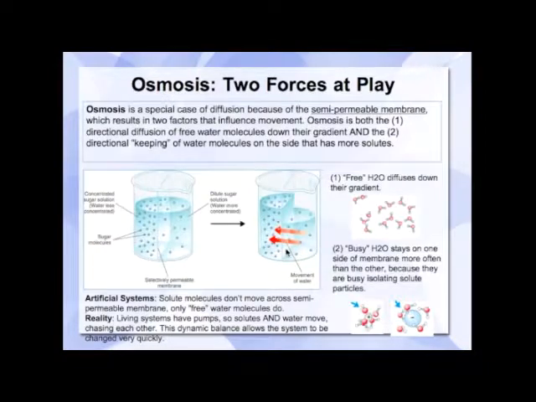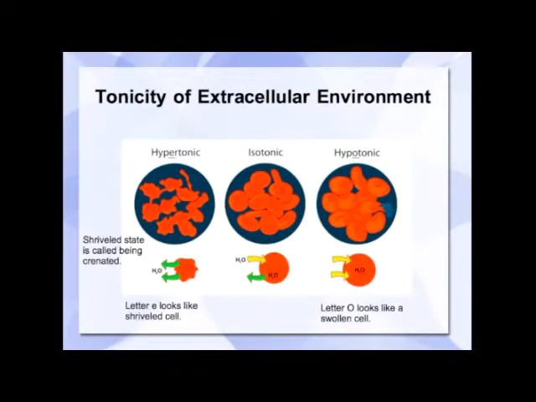When learning about osmosis and cells, it's important to know three key terms. They have to do with what's called tonicity. There are three states that cells can exist in terms of how concentrated the outside solution is. Isotonic means there's no difference. The concentration of liquid outside the cell is similar to the liquid inside of the cell, which is the definition of iso, meaning the same.